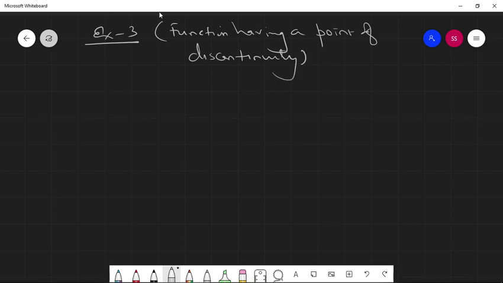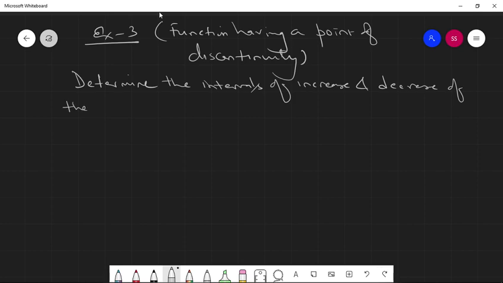The instruction is: determine the intervals of increase and decrease of the function f of x equal x plus 1 over x.